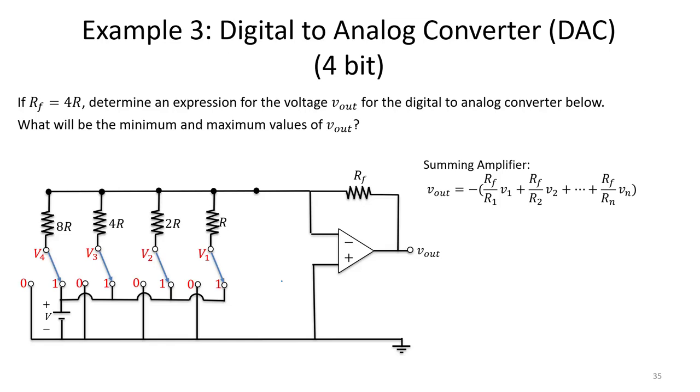And here we are being asked to determine an expression for the voltage V out for the digital to analog converter below. We are asked what will be the minimum and maximum values of V out for this digital to analog converter. Also told to assume that RF is equal to 4 times R, where R is the resistance used in these resistors.